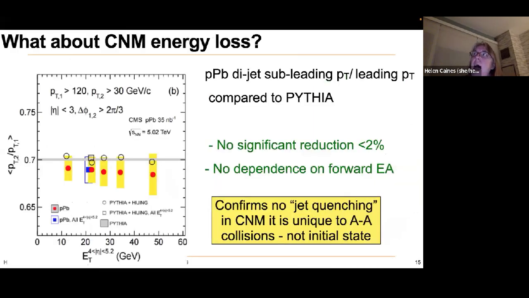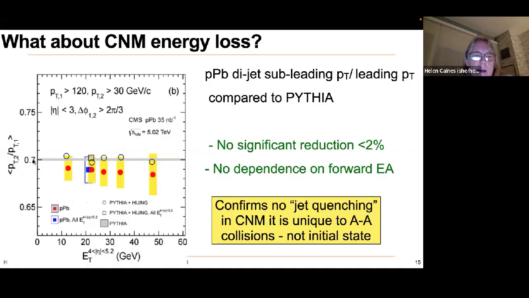So the other thing we want to look at is whether there is energy loss of the parton coming out, trying to get its way through the rest of the nucleus before it emerges and can fragment in the vacuum. And what we're looking at here, again, in p-lead collisions from the LHC, we have higher energy jets. We allow the subleading jet, the back-to-back one, to be at low momentum in case there is energy loss.